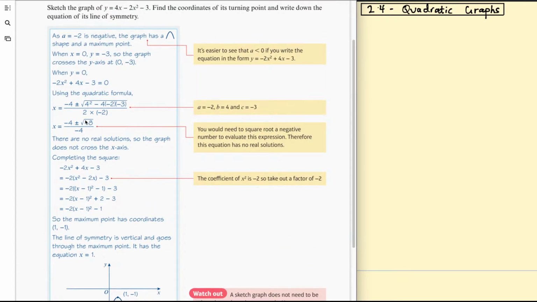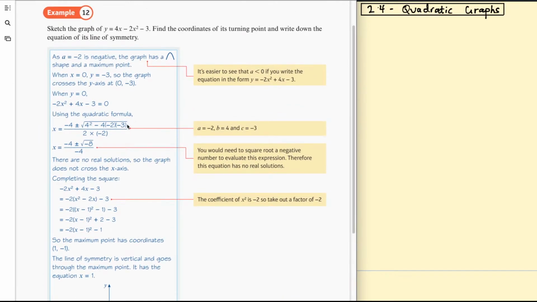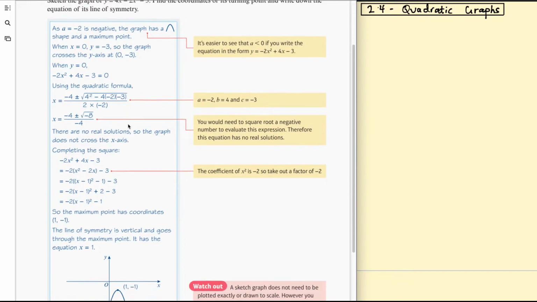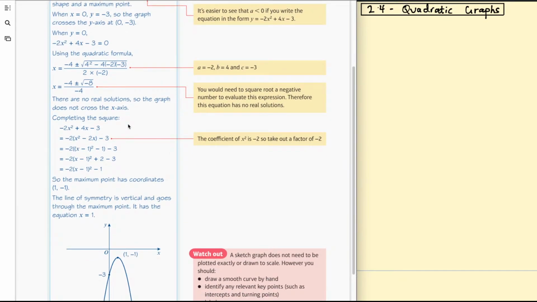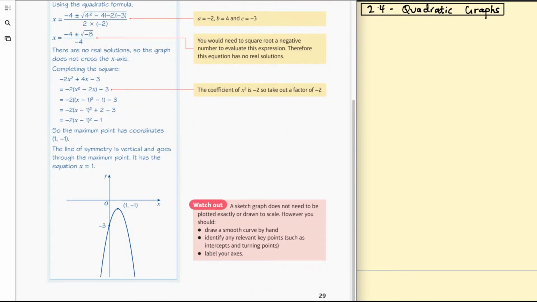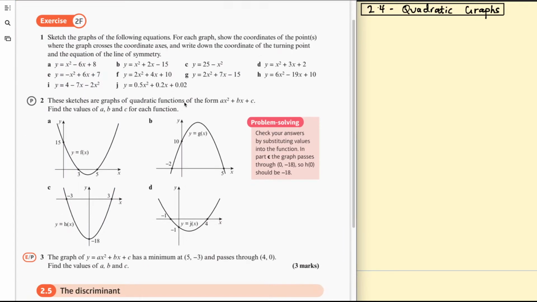So you're going to have a negative number in that quadratic formula, which is something we haven't talked about yet, but it is something we talk about briefly in GCSEs. And then you find the maximum and then the line of symmetry. Okie dokie. Let's have a go at a few.